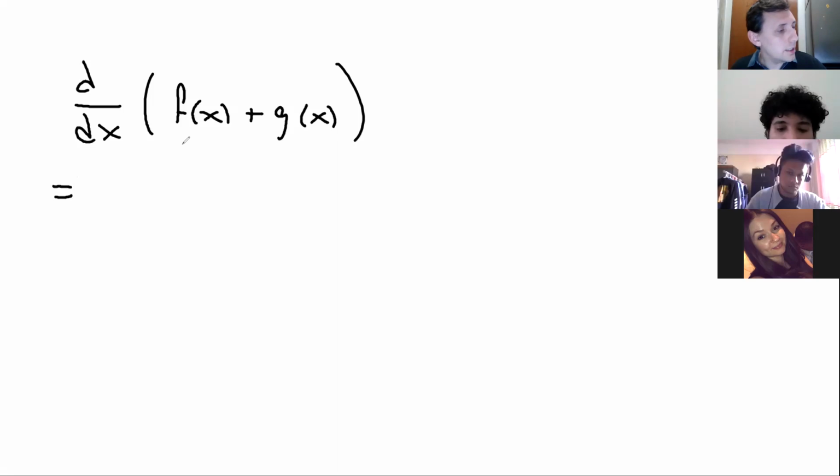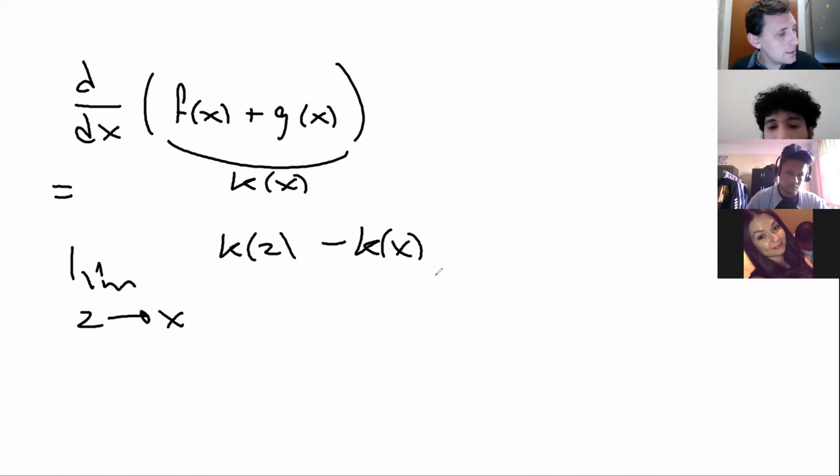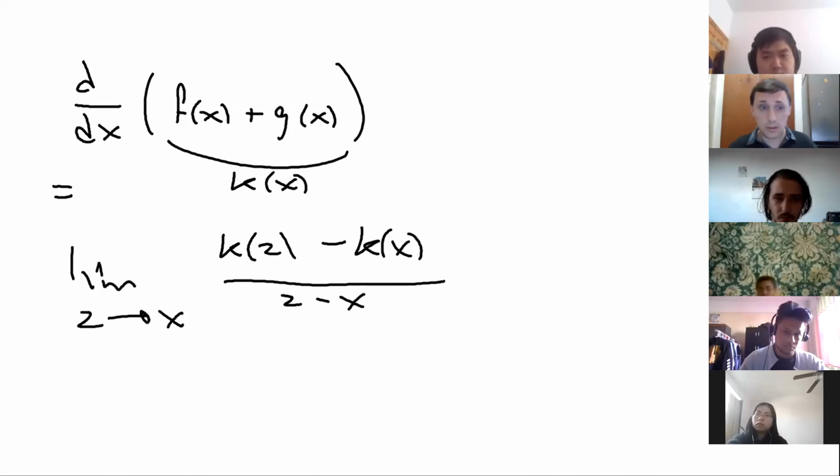Because obviously, if this is my function k(x), I will set it as the limit where z goes to x of k(z) minus k(x) divided by z minus x. That's what I do where I don't know anything about the derivative. Right? That's one thing I can try to do. Now, what pattern am I searching for in that limit?